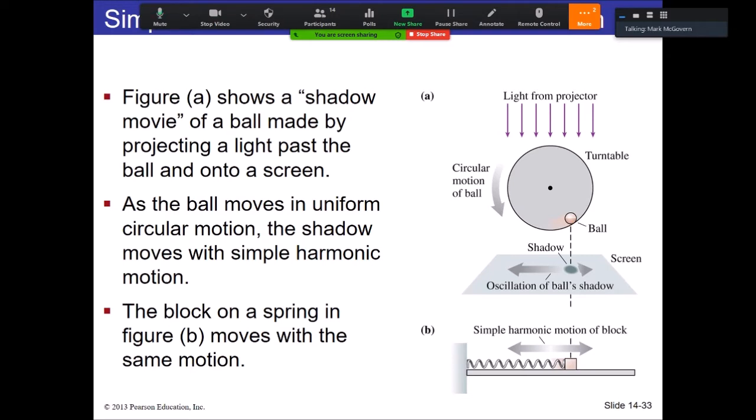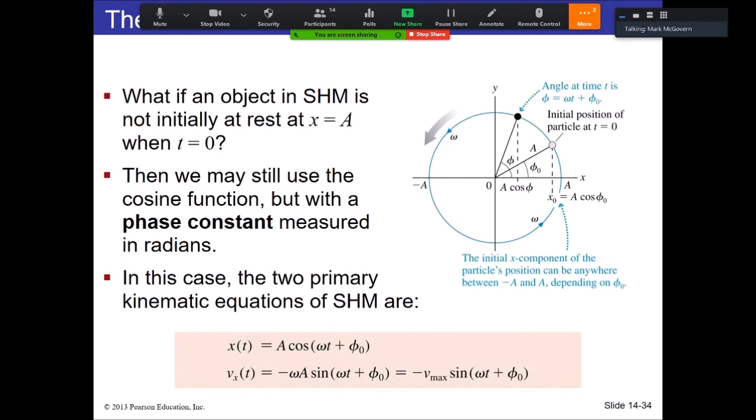So sines and cosines are useful for a lot of stuff. Circular motion, yes. Motion back and forth, like for the block, yes. I mentioned we're going to look at oscillations in terms of a pendulum later. That works too.